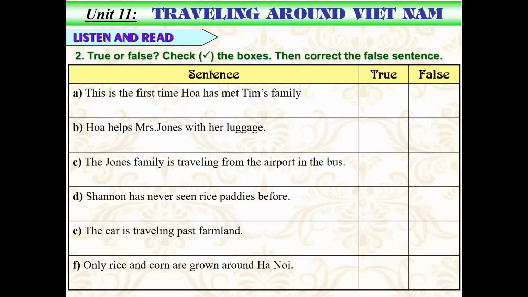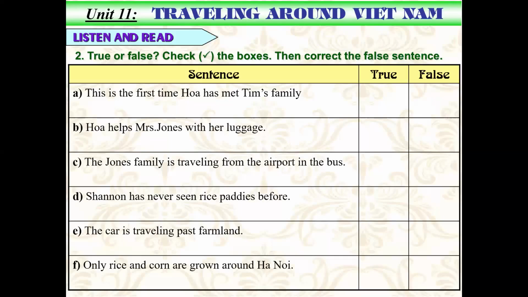Read sentence A. This is the first time Hoa has met Tim's family. What are the keywords? Yes, the keywords are first time, Hoa met Tim's family.